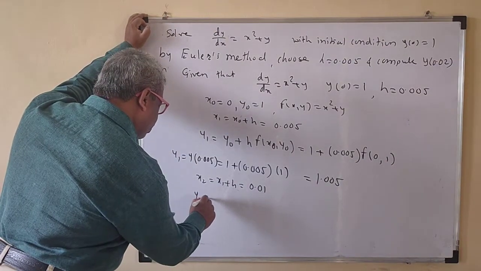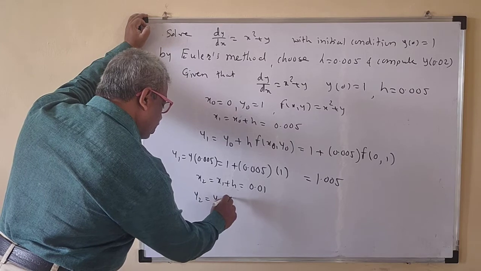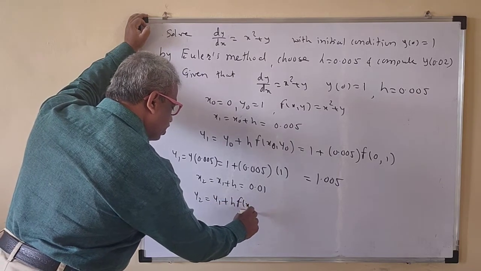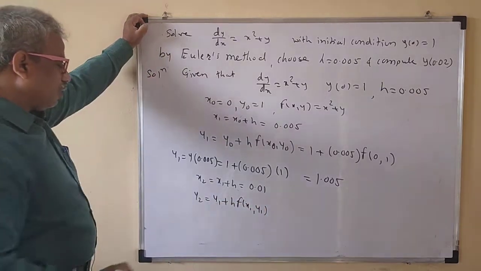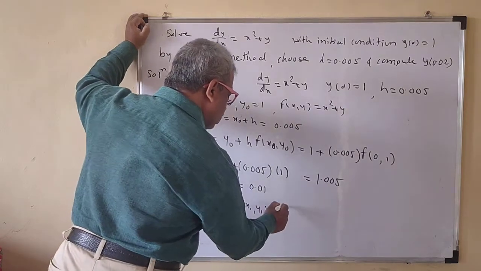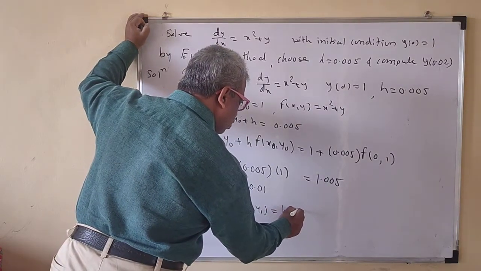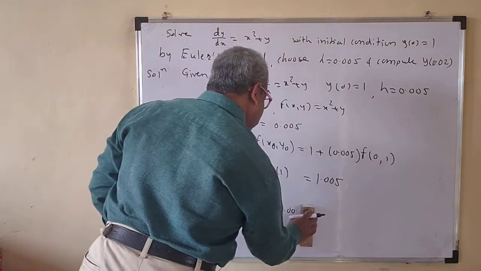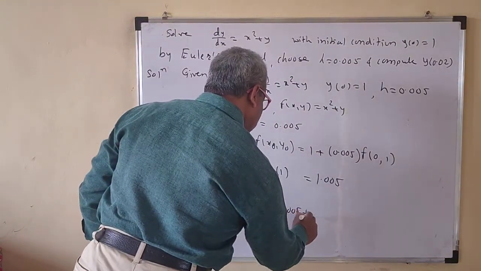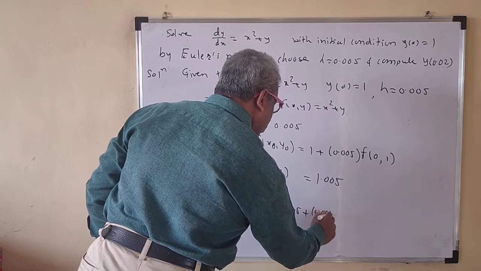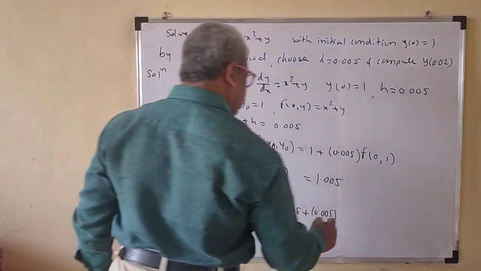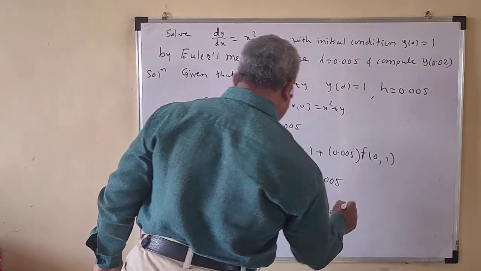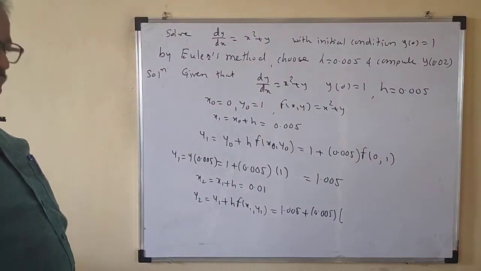Y2 is equal to y1 plus h f of x1, y1. Okay, so what is your y1? Y1 is 1.005, plus h 0.005. Okay, so f of x1, y1, directly write the value of this one. This is x1 square plus y1.